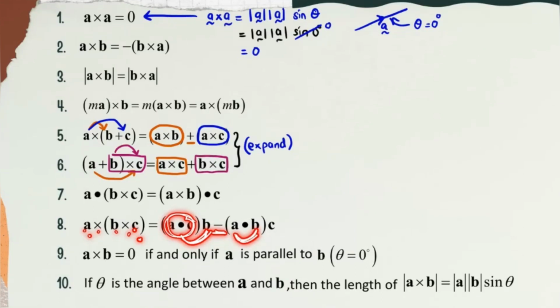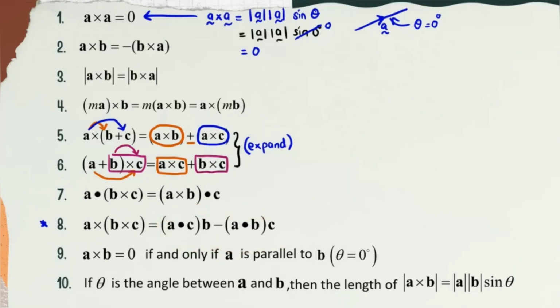Yang ini dapat constant dan constant tersebut kita akan darabkan dengan C. So ini adalah rules yang a bit complicated lah. Tapi kita jarang jumpa sebenarnya. Tapi selalunya kalau jumpa pun soalan dia akan suruh kamu proof sahaja. Macam mana daripada A cross B cross C tu dia akan dapat this value.